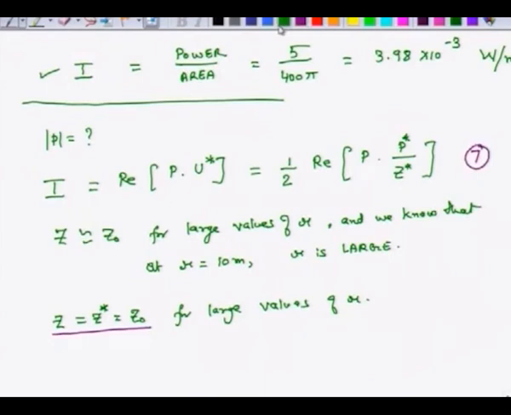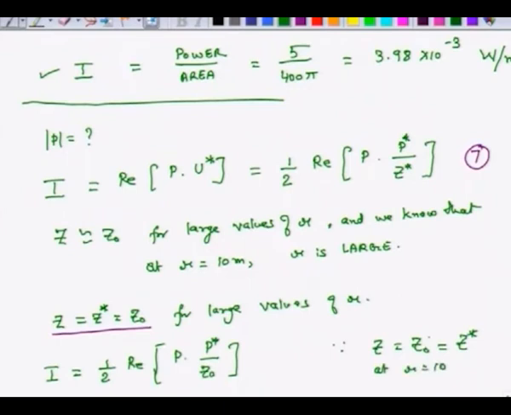So, I get intensity equals half real of P times P star divided by Z naught, because Z equals Z naught equals Z star at R equals 10. Actually, it is not a strict equality relationship, it is an approximate relationship. So, at R equals 10 meters, Z is almost equal to Z naught, which is almost equal to Z star. So, this is what I get.